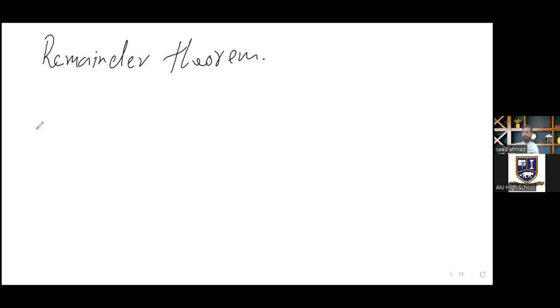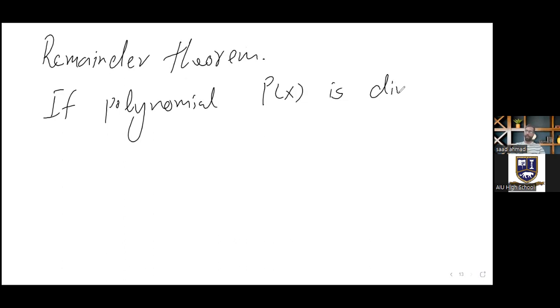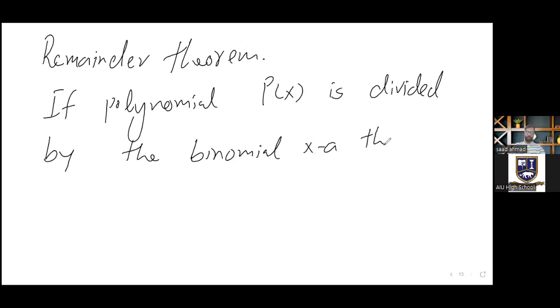The remainder theorem tells us, if polynomial p of x is divided by the binomial x minus a, a binomial meaning it has 2 terms, then the remainder obtained is p of a.